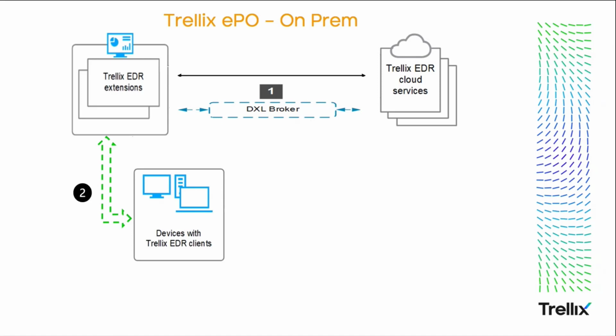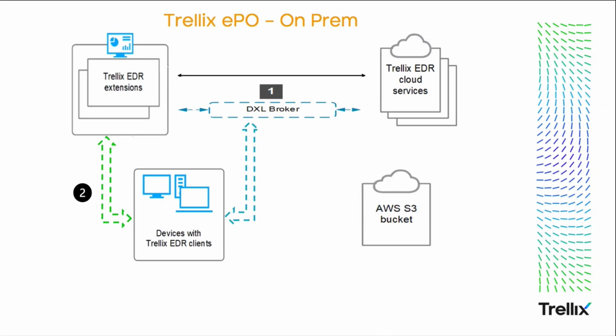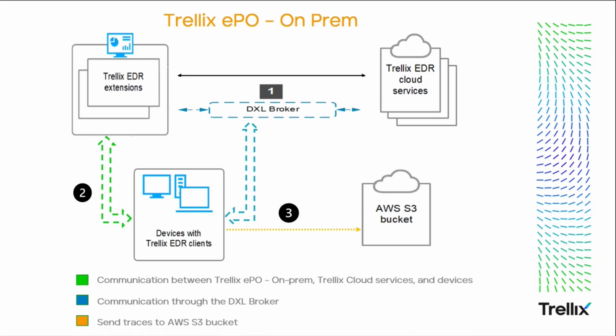And also the EDR client package can communicate with the EDR cloud service via the DXL broker. Now, last but not the least, the AWS S3 bucket. The traces which are enabled on the Linux platform would be collected and sent across to the AWS S3 bucket. So this is how the overall Trellix EPO on-prem architecture looks.